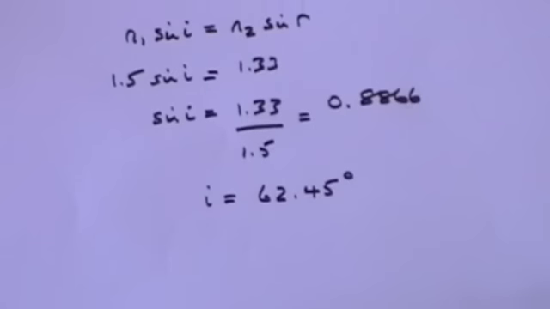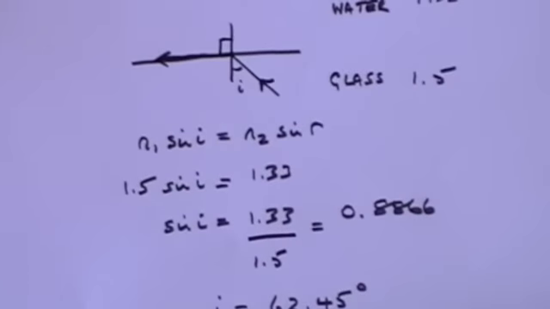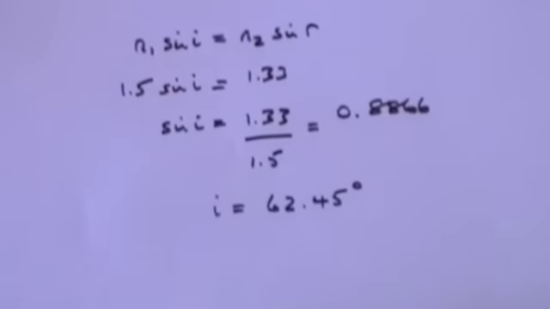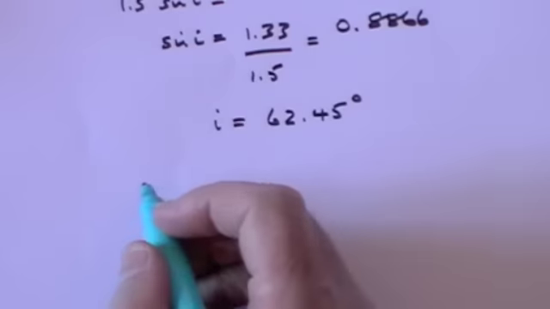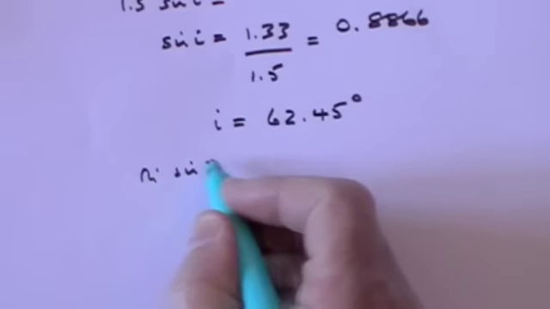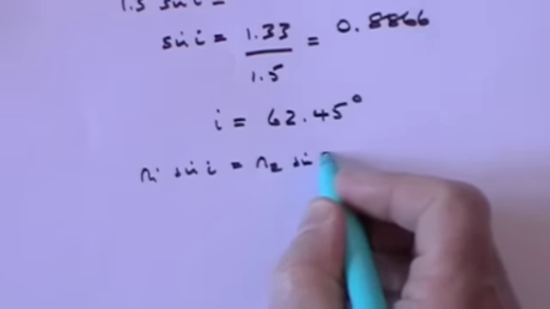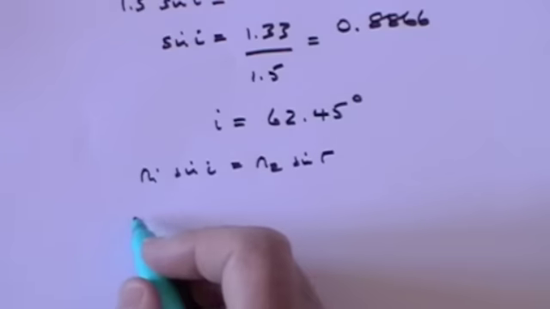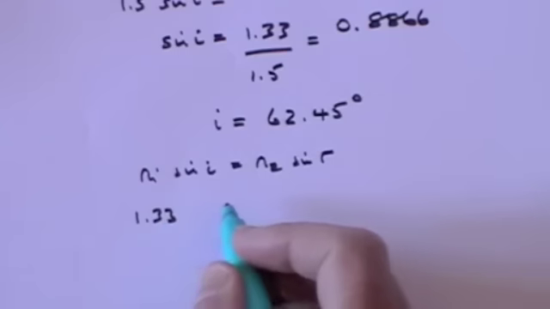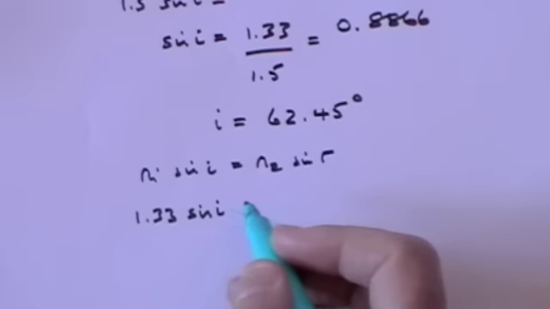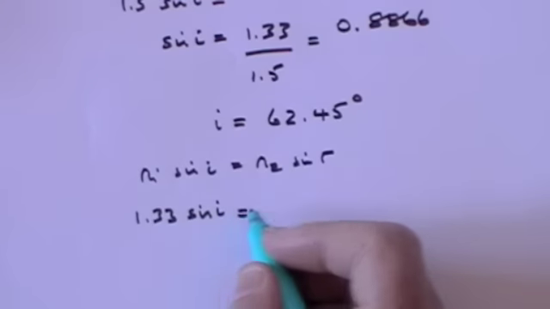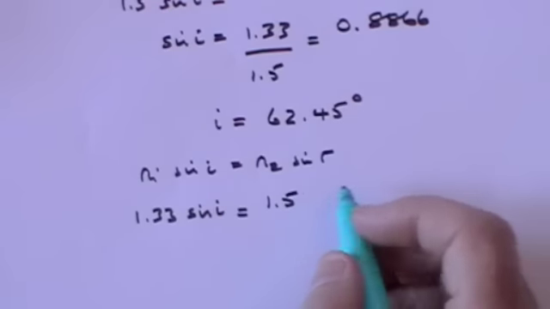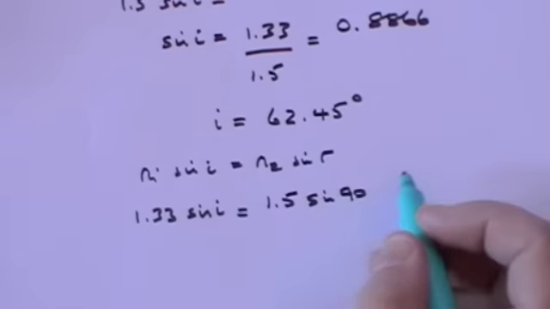Now comes the question, which is the trick question. What is the critical angle when light goes from water to glass? Well, then you've got n1 sine I equals n2 sine R. This time it's the other way round. We've got water going to glass, so the refractive index of water is 1.33 times the sine of incidence, which is the critical angle, equals n2, this time it's 1.5 for glass, times the sine of 90, which is 1.